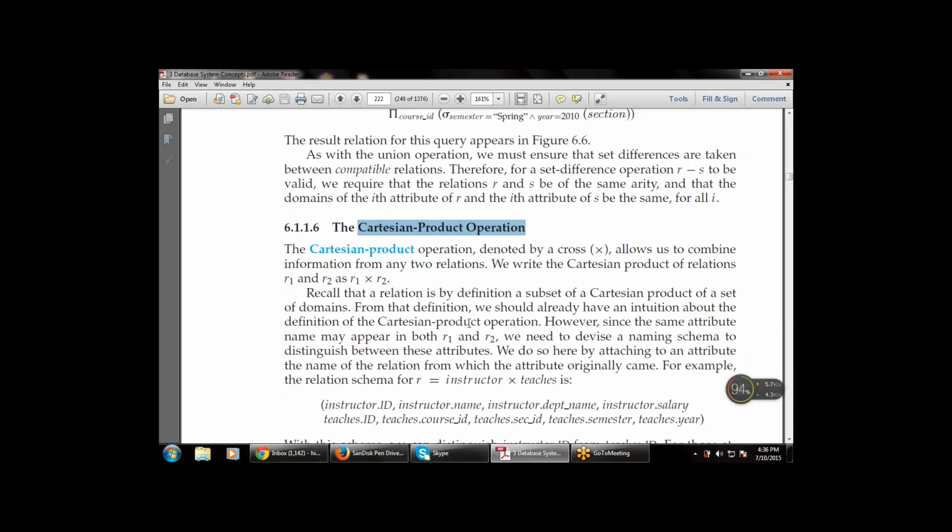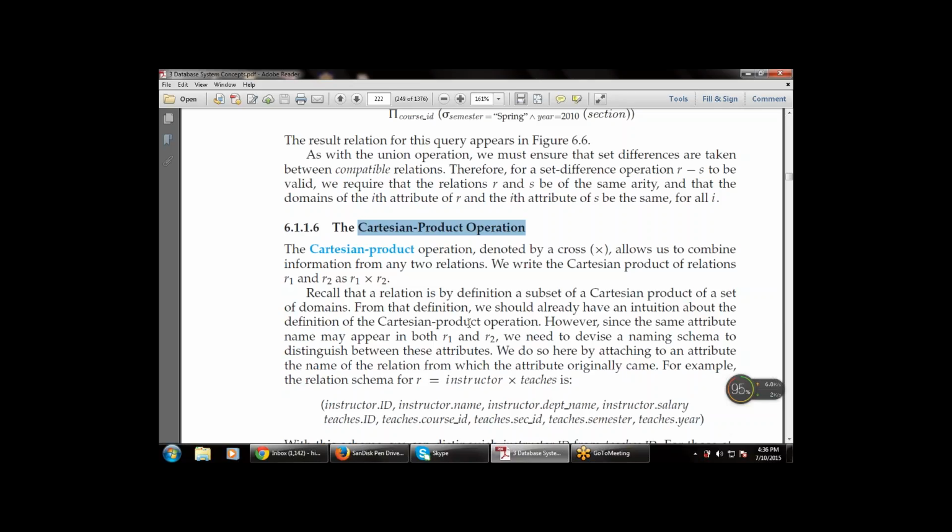However, since the same attribute name may appear in both R1 and R2, that is, the same column may be available in both relations, R1 being one table and R2 another table, we need to devise a naming schema to differentiate between these attributes. So we give different names to the different attributes.